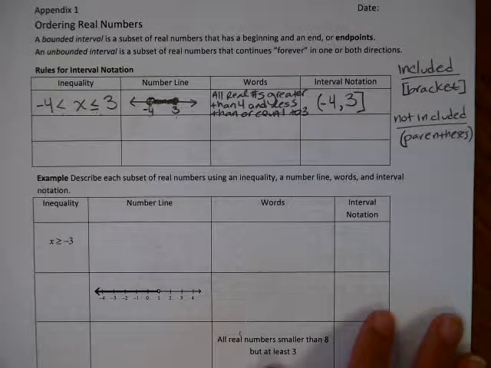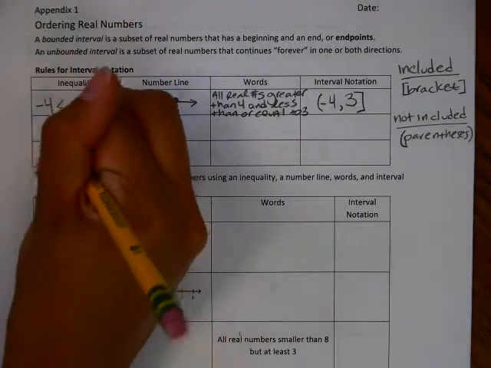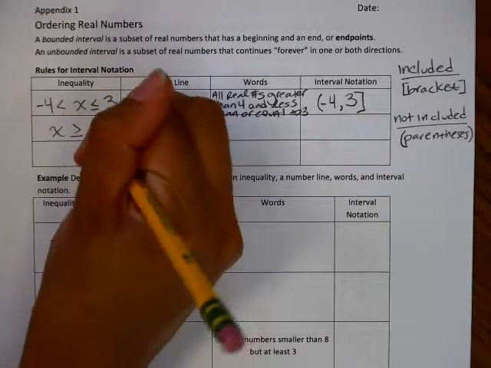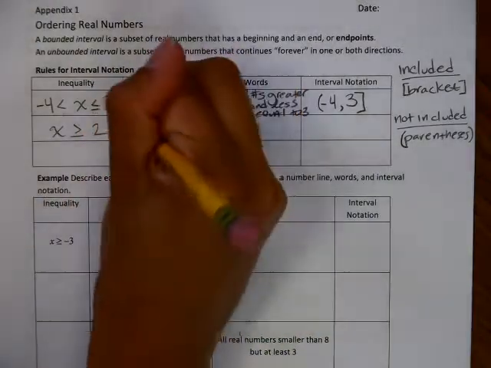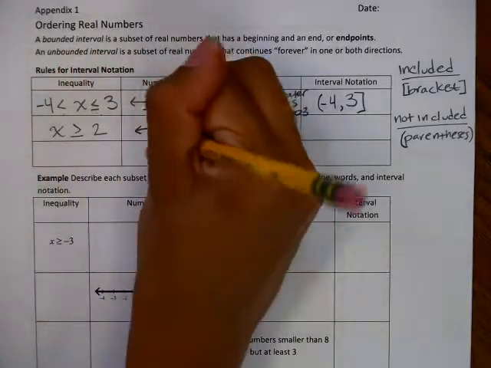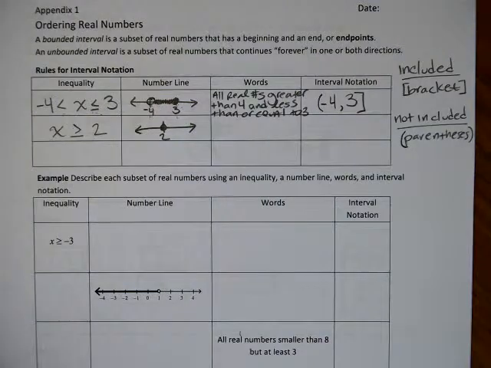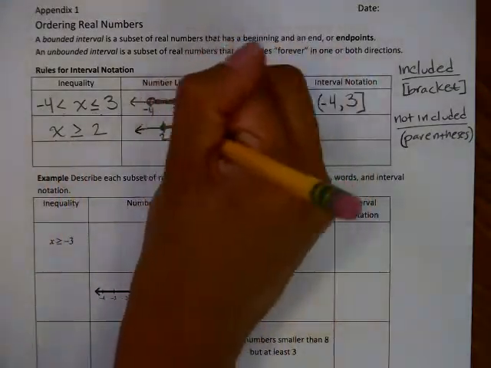Okay, let's try another one. What about x is greater than or equal to 2? On the number line first, it's equal to, so the 2 is included, gets a closed circle. We're shading all the numbers greater than 2, so that would be the numbers to the right.